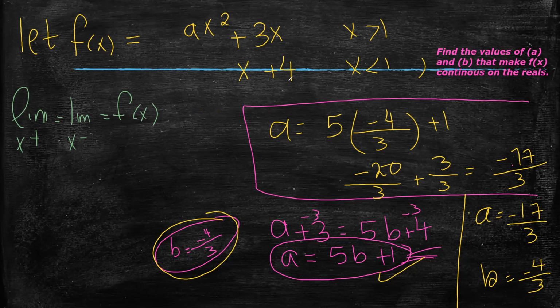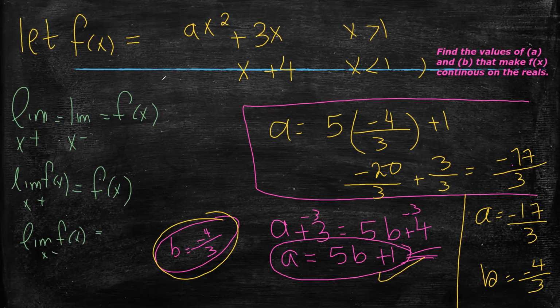So because of that, I can use limit f of x when x approaches from the right equals f of x. And I can use limit f of x when x approaches from the left equals f of x. And also I can use limit f of x when x approaches from the right is equal to the limit when x approaches from the left.